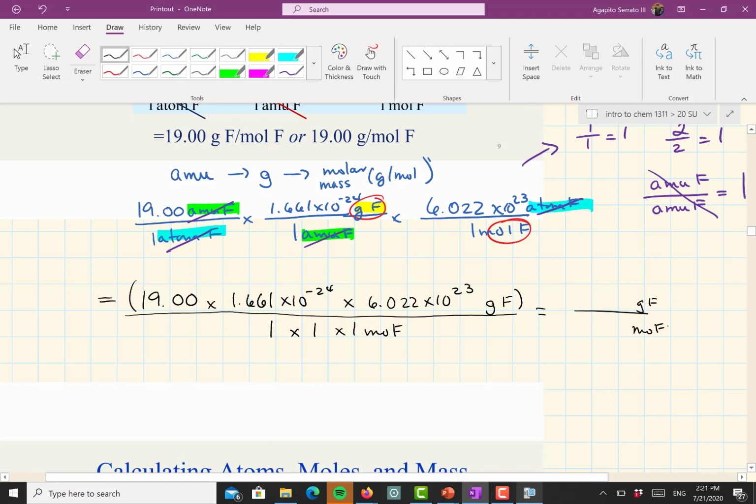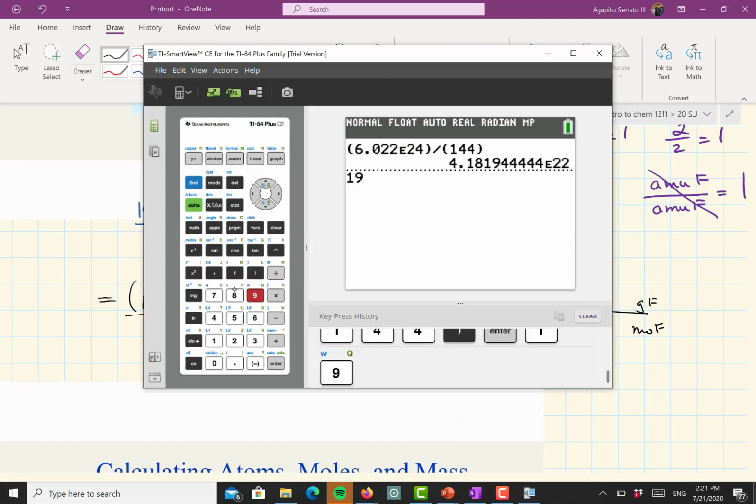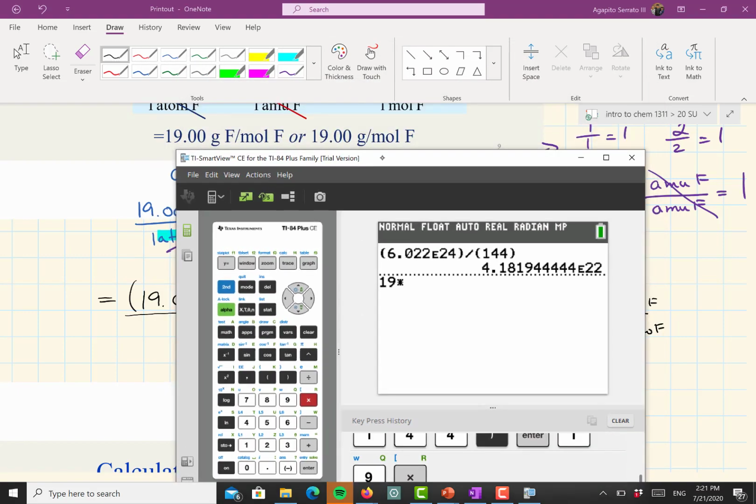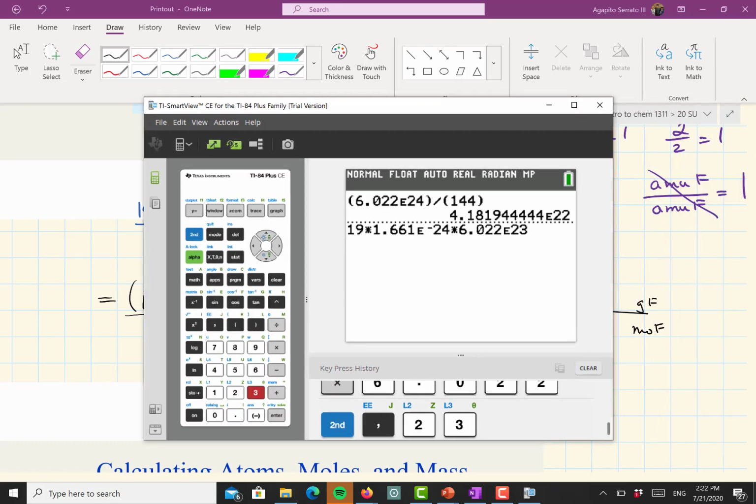So let's calculate this out. So I have 19 times 1.661 E to the negative 24 times 6.022 to the 23rd power. Enter. Well, that should come as no surprise.